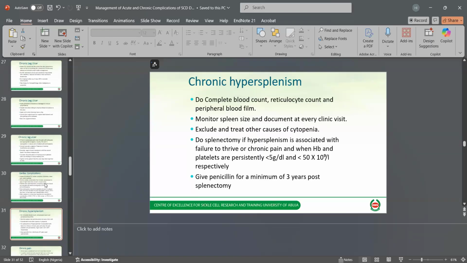So the patient persistently and continuously has low blood counts, anemia, low platelet count, less than 50, on a persistent chronic basis. That is hypersplenism.